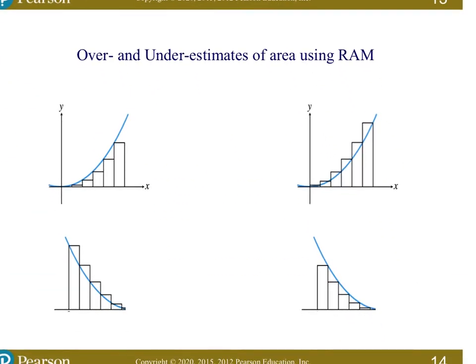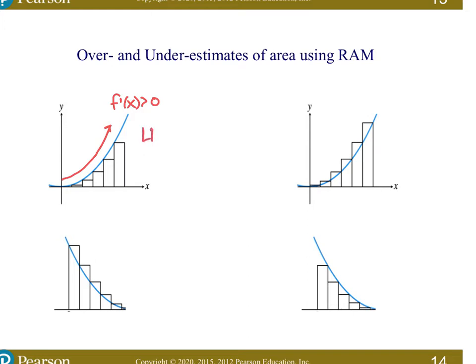Okay, just a reminder about the accuracy of using the rectangular approximation method. So we saw yesterday that when you have an increasing function, when f prime of x is greater than 0, the LRAM will always underestimate, whereas the RRAM will always overestimate the two.